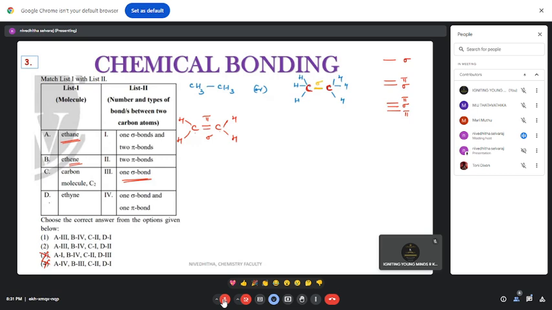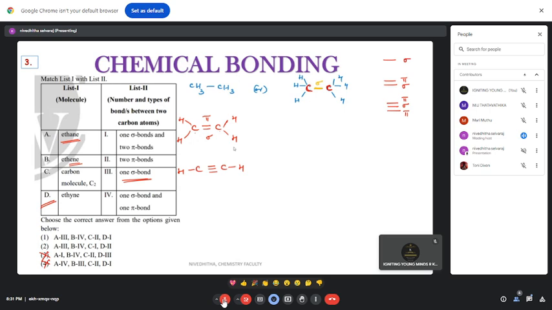Okay. And for ethyne, what is the formula of ethyne? Eth is a two carbon system. Since it is yne, it is a triple bond system. So we have to balance the valency of carbon. So how many chemical bonds between two carbon atoms? We got three chemical bonds, which is a triple bond. In a triple bond, we got only one sigma and two pi bonds, right?